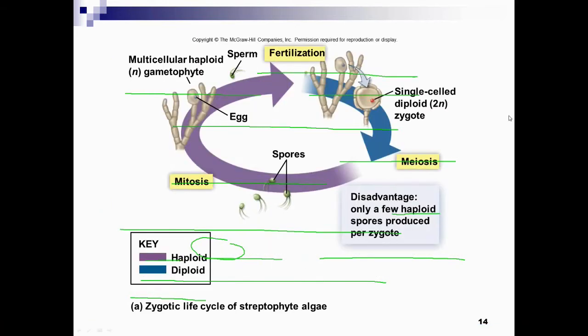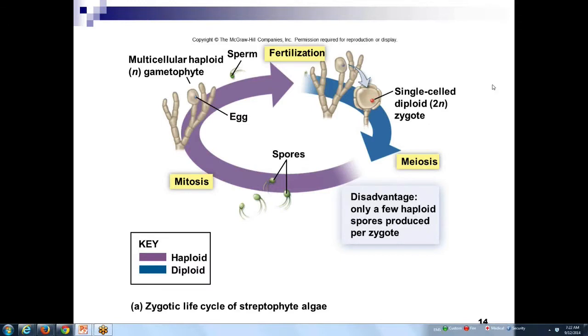Okay, let's go ahead and continue on here. Let's see if we can erase everything. And there we go. Now we can kind of go through and highlight some things in this life cycle. So this is the zygotic life cycle of a streptophyte algae. So you start out with haploid cells. This multicellular haploid, sort of like a gametophyte here. Lots of haploid cells along here.